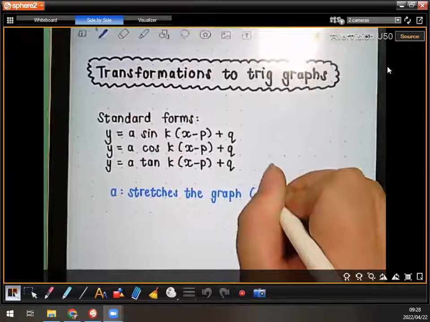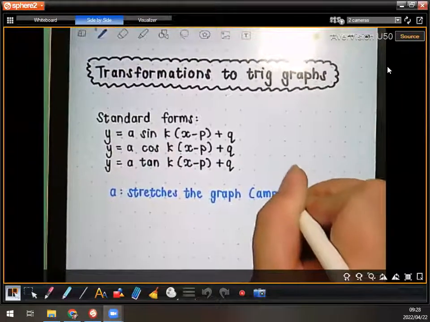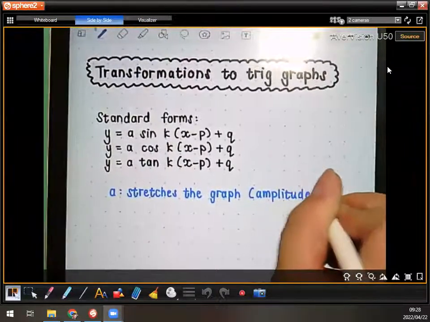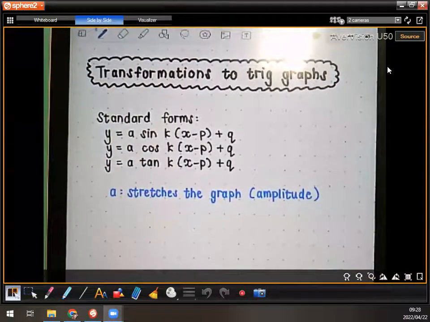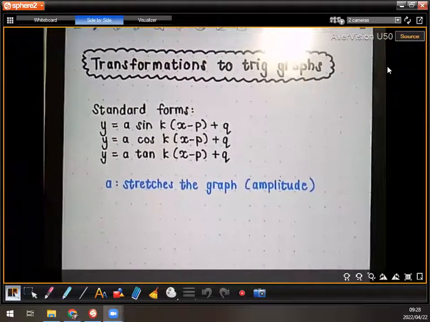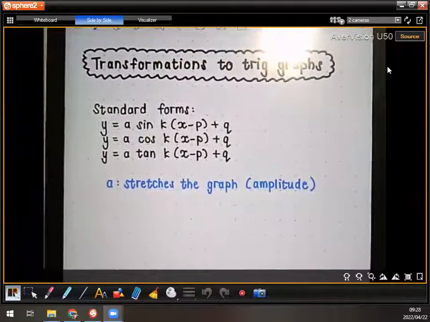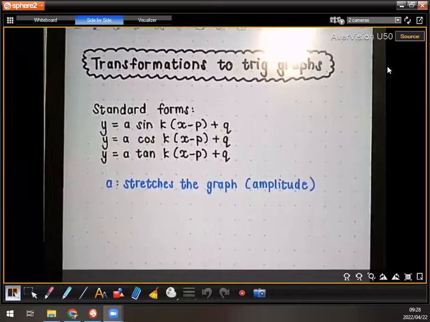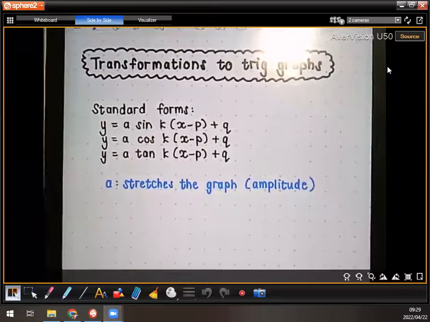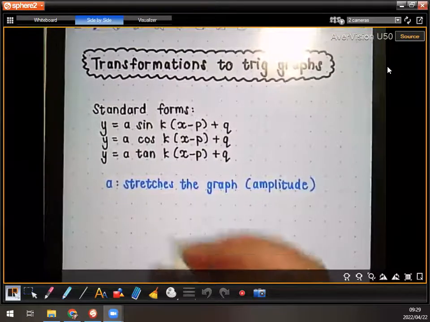And it is usually the amplitude, but remember a tan graph doesn't have an amplitude, but a tan graph can still be stretched, depending on where point 2 is, that whole y coordinate of the second point. And then also, if a is negative, that means that the direction has changed. But instead of saying that, we can also say that the graph is reflected in the x-axis. I'll show you now. Okay, so that's what they're going to say in the question. They're going to say the graph is reflected in the x-axis, what happens to the equation?